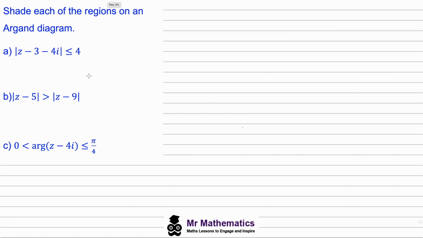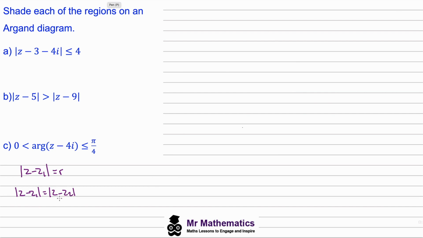Before we work through the examples here, we need to remember three important equations. The magnitude of the distance between z, a general complex number, and a fixed point z1 forms a circle, where the center is at z1 and the radius is the constant. We also have the magnitude of z minus z1 is equal to the magnitude of z minus z2.